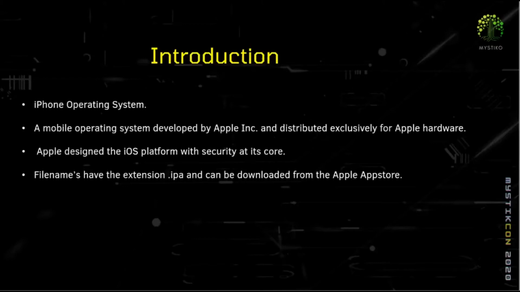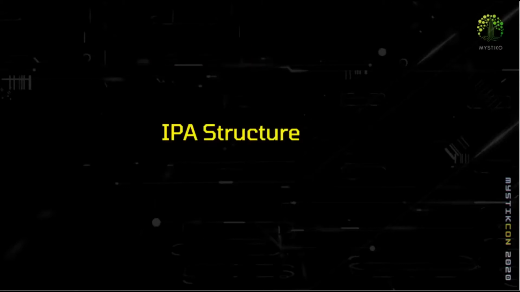If you unzip it, you'll find a lot of details inside, like the payload and plist file, which we'll be covering in the upcoming slides. Also, there are different reasons why iOS is considered to be more secure as compared to Android, which will also be covered in the next slides.